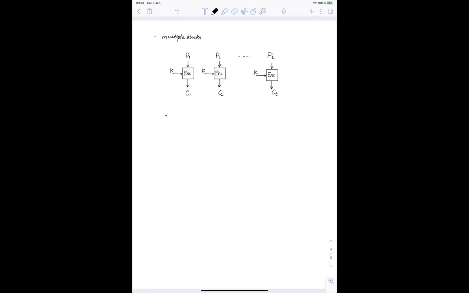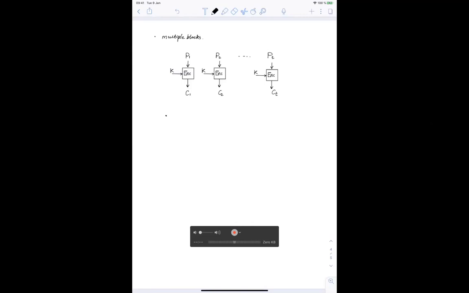In fact, as you see here from the figure, all the keys for different block encryptions are the same. And if we have blocks P1 and P2 that are the same, then the ciphertext C1 will be exactly the same as C2.